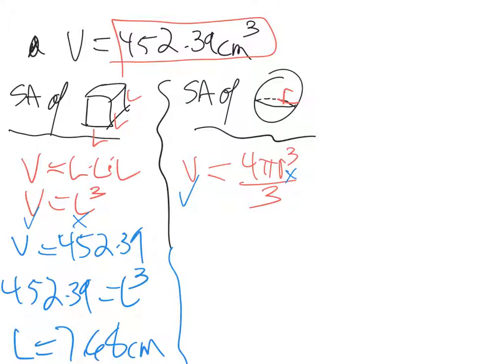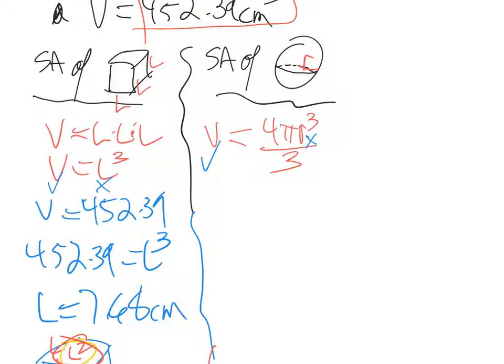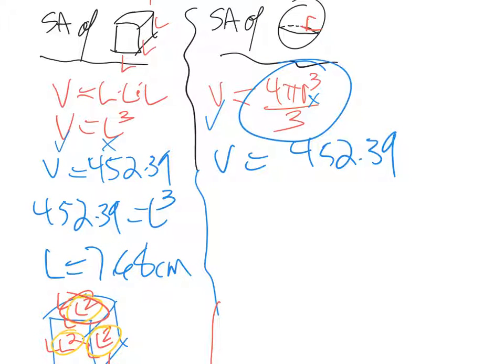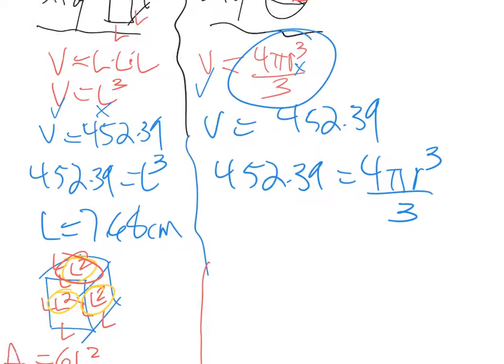Now let's get the surface area of that sphere. So we know that the volume of that sphere is 452.39. So 452.39 equals 4 pi r cubed over 3.